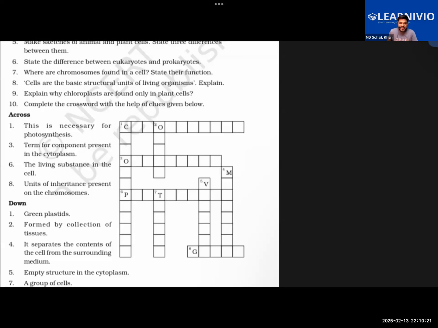By the way, you're saying that algae are prokaryotic. Yeah, I mean blue green algae. Blue green algae, you can take that. But algae generally are eukaryotic organisms. Mostly they are eukaryotic.